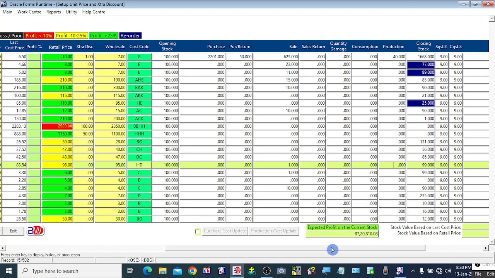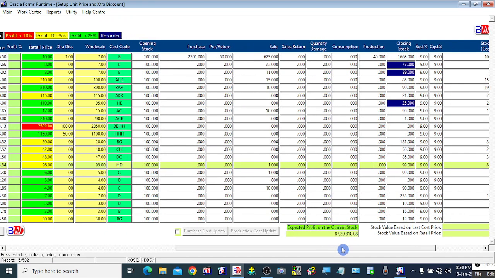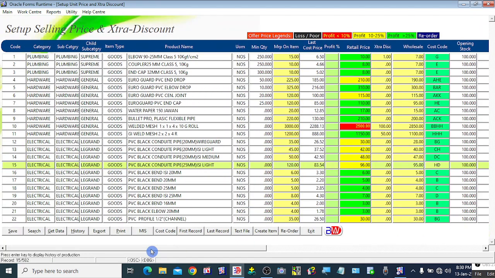And in the bottom we can also see what is the expected profit from the current closing stock based on the retail selling price and cost price. All this information you can see in this stock register.